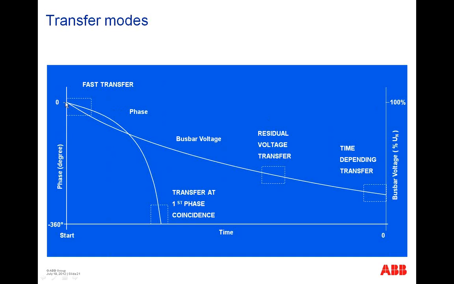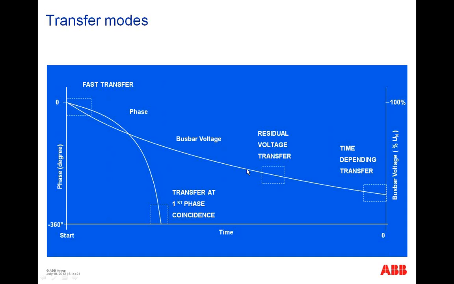At the moment of isolating the busbar, the voltage on the busbar declines in the same way as the speed of the machines declines. They act as a generator, but they get slower and slower up to a standstill. Depending on the motors and the application, a fan, a pump or something else, this takes more or less time, maybe 100 milliseconds, maybe a half second.